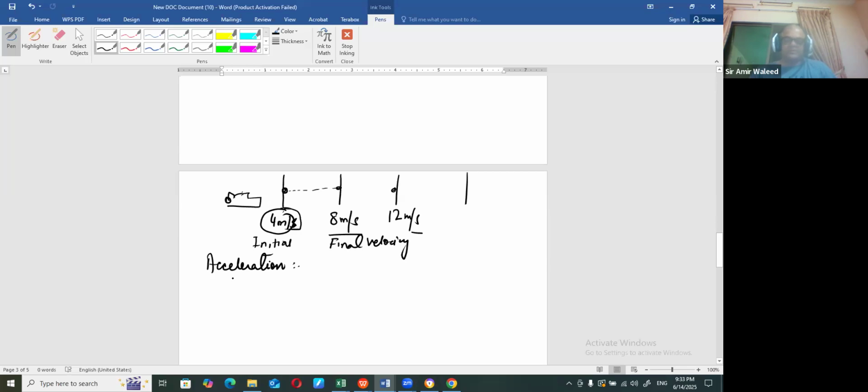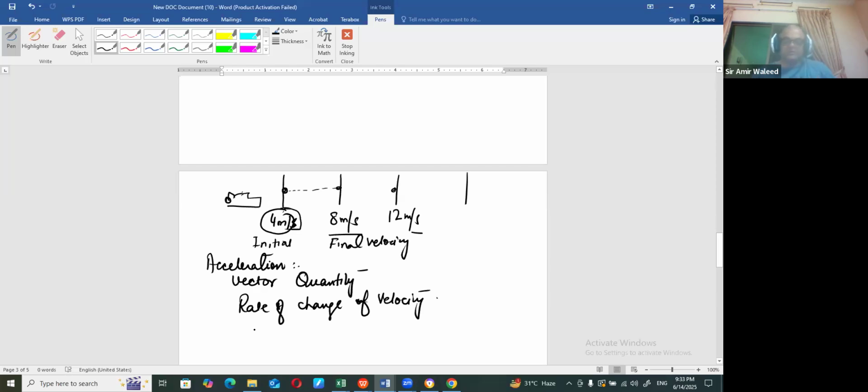Remember that acceleration is a vector quantity, which means it has a direction. So what exactly is acceleration? Acceleration is the rate of change of velocity, not speed, because it's a vector quantity.